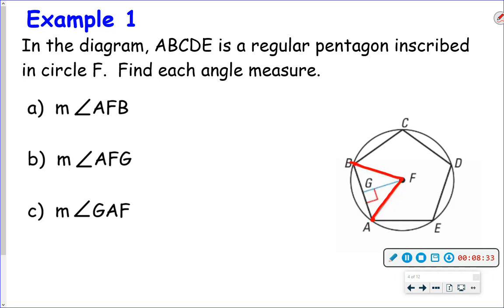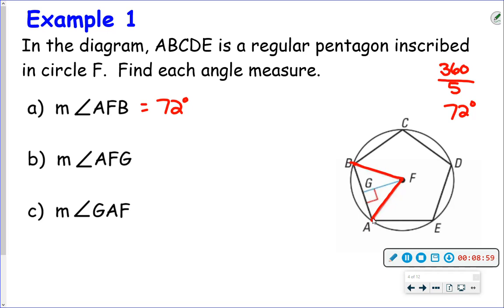So that's what we just talked about. I'm going to take 360, the full circle, and divide by the number of sides. Well, how many sides are on a pentagon? 5. So punch that in your calculator, 360 divided by 5. 72. So all the central angles are 72.